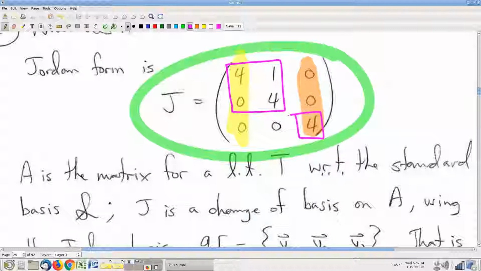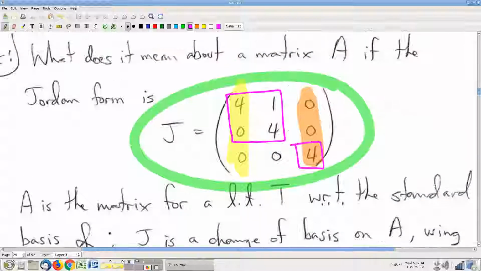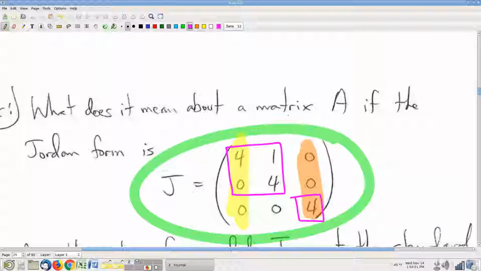And notice these two columns that give us eigenvector equations, these two columns that are all zeros except for on the diagonal, each one of them corresponds to the first column that intersects a given basic Jordan block. This yellow column here is the first column that intersects this basic Jordan block. This orange column is the first column that intersects that basic Jordan block.